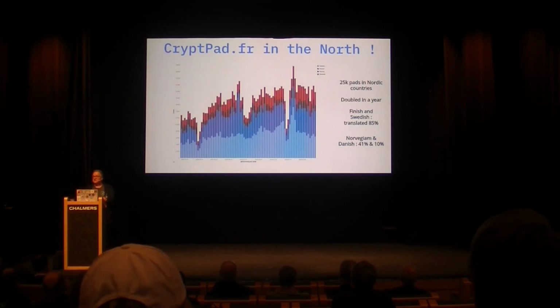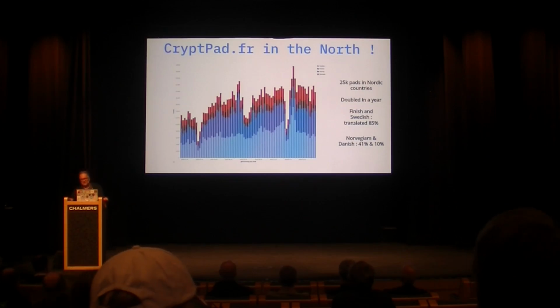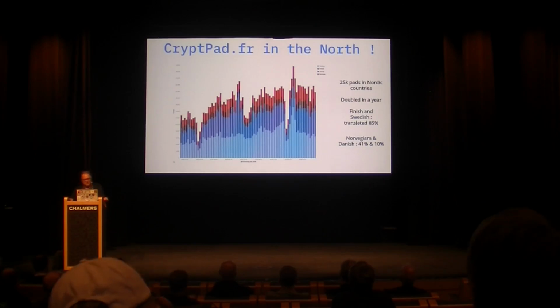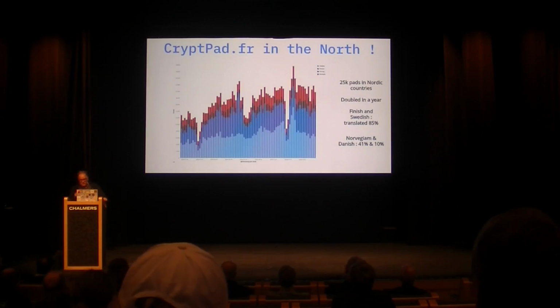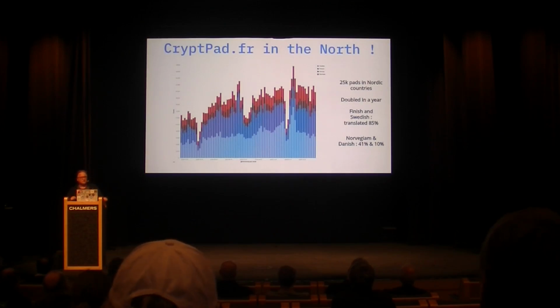Actually, here are some statistics for the Nordic countries. We do have users in Sweden, Finland, Norway, and Denmark. The biggest countries are Finland and Sweden, and probably the main reason is that we are properly translated in Finnish and Swedish.